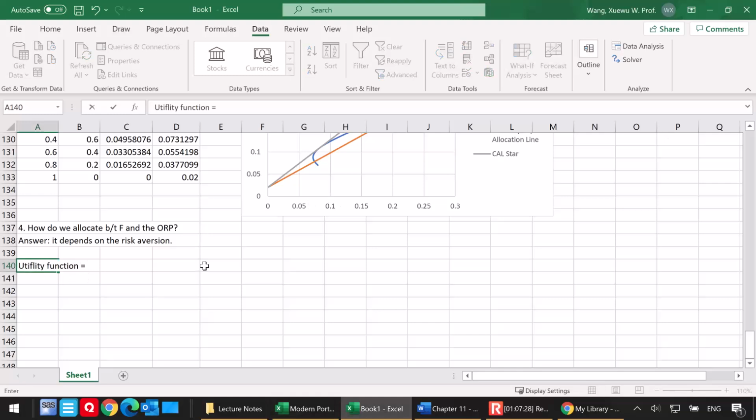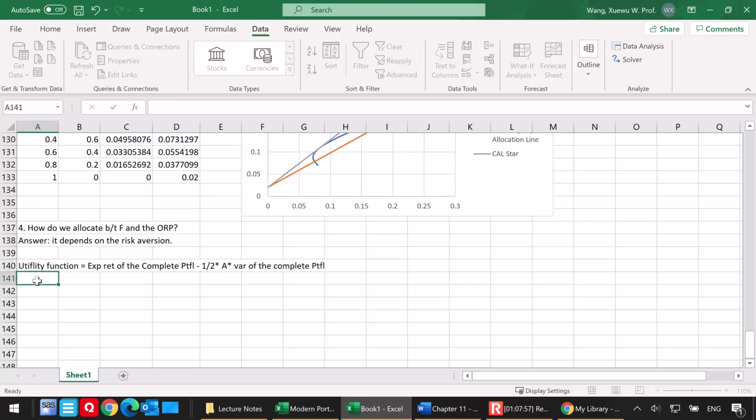So I'm going to use the utility function proposed by the CFA Institute. All right, so this utility function says the utility you derive from the complete portfolio is calculated as follows: expected return of the complete portfolio, minus a half times the risk aversion coefficient, call it A, times the variance of the complete portfolio.